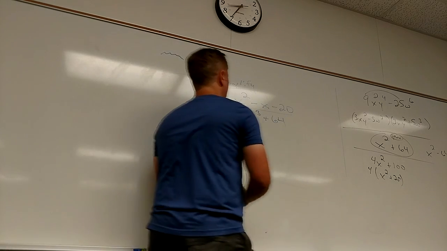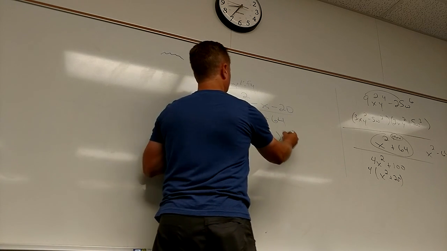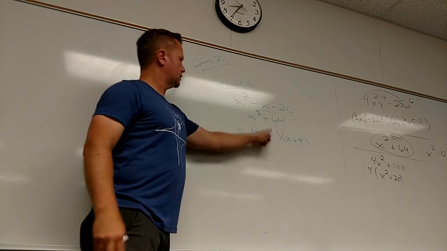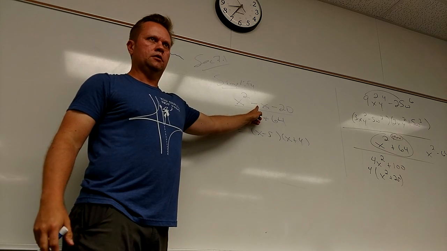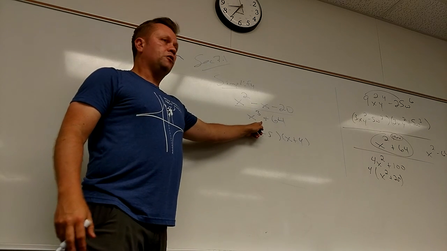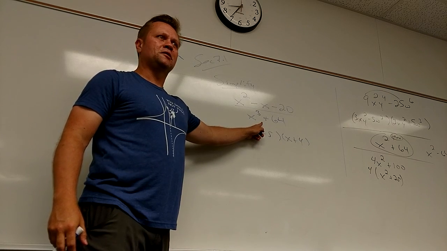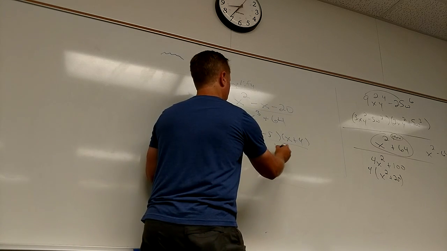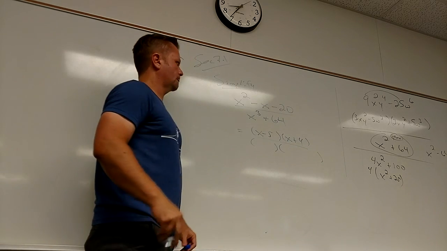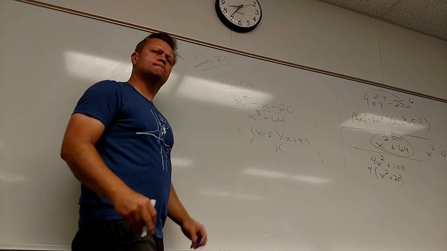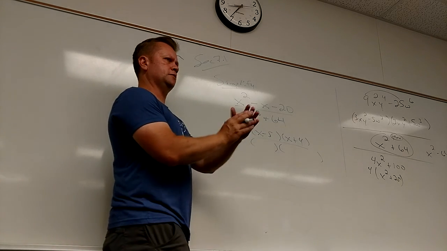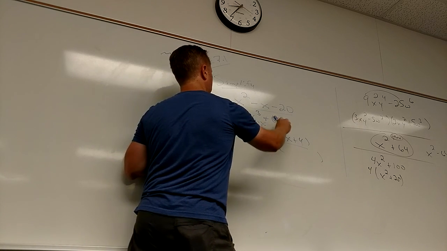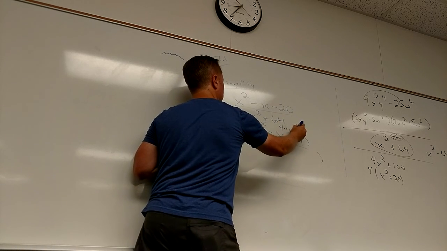How do I factor the top there? Negative 5 and 4. Yeah, negative 5, positive 4. The big one's negative to make the negative in the middle at the end. And the bottom, of course, is going to involve cubes. Little dude, big dude. x cubed is x times x times x. 64 is 4 times 4 times 4.